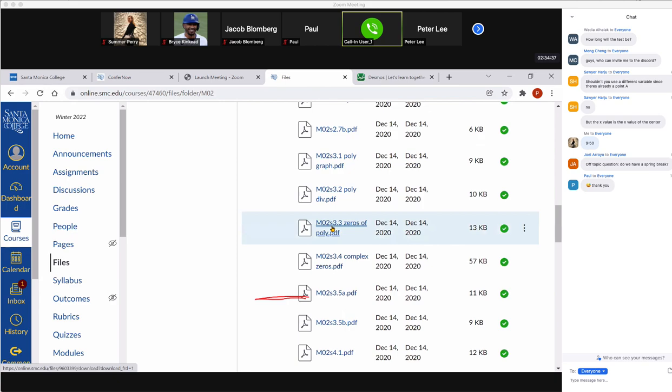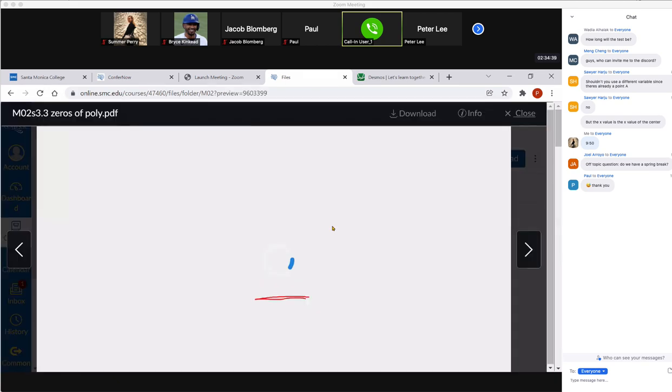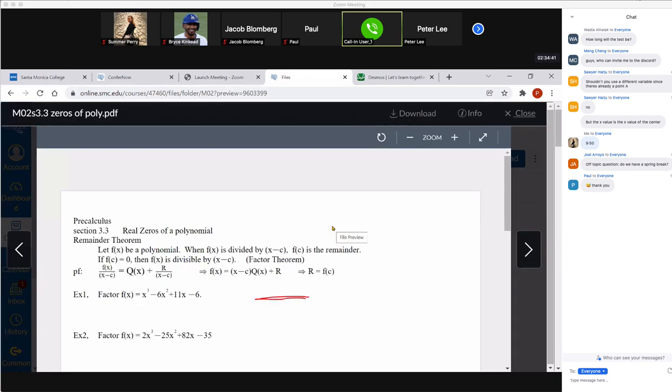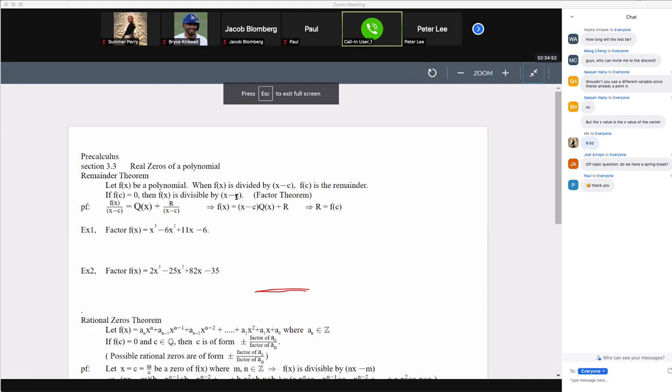I think it's section 3.3, under the directory M02. And the zero theorem here, there we go. That's called the factor theorem. So the factor theorem is this, the remainder theorem. We have a remainder theorem, and the special case of the remainder theorem is called the factor theorem.